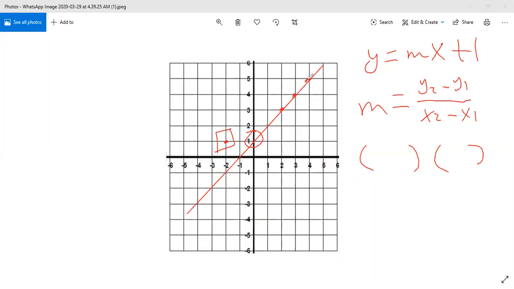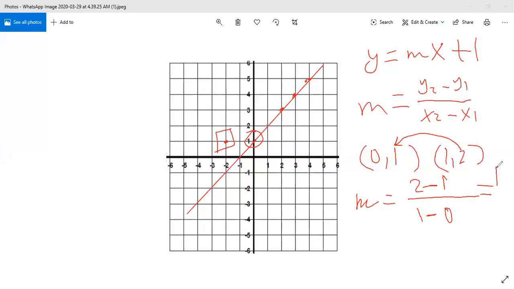Any of these points, and also you can use 0 and 1. So I'll choose 0, 1 and 1, 2. Can you find m now? It will be 2 minus 1 over 1 minus 0. 2 minus 1 equals 1, and 1 minus 0 equals 1. So m equals 1.